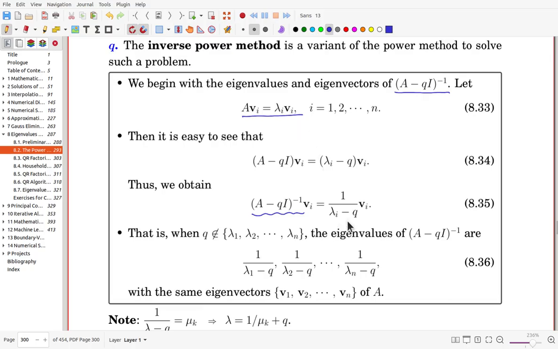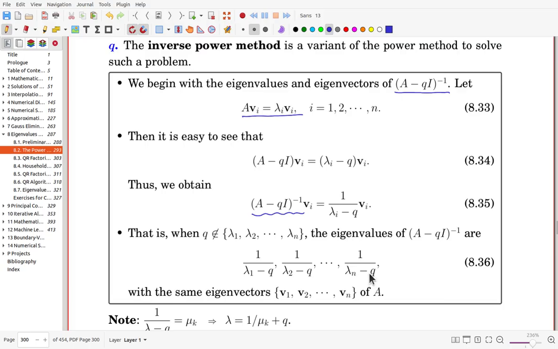But this means that now for this matrix, the eigenvectors are the same as those of A. Now the corresponding eigenvalues are 1 over lambda i minus q. So here eigenvalues can be written in this way.